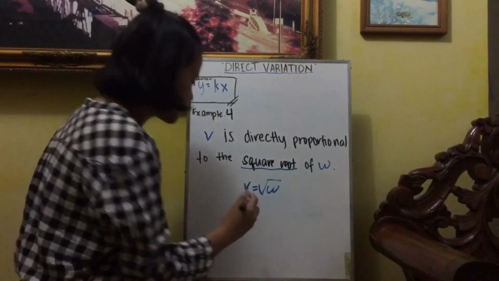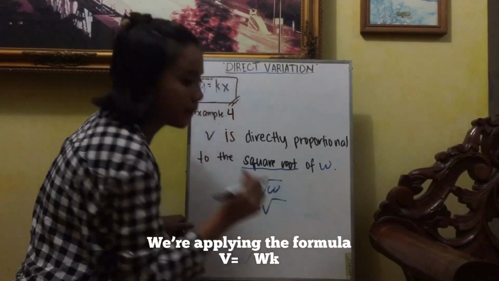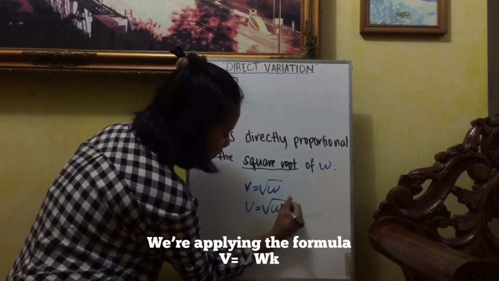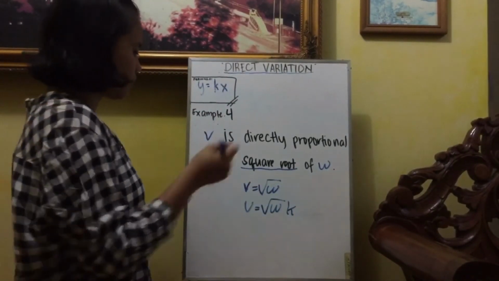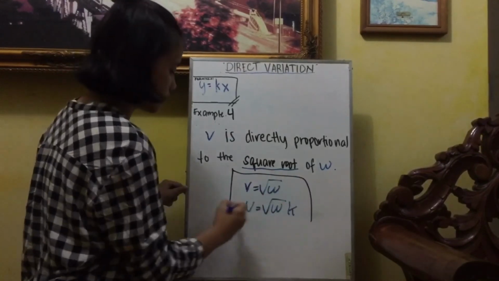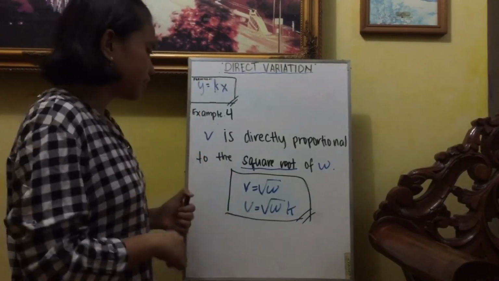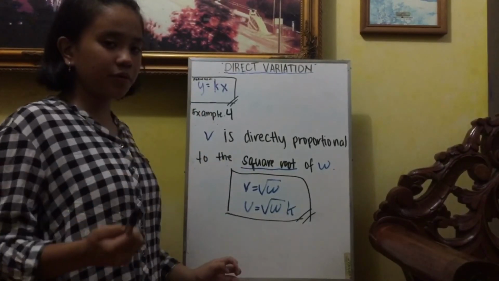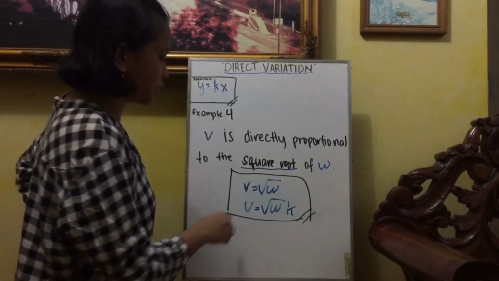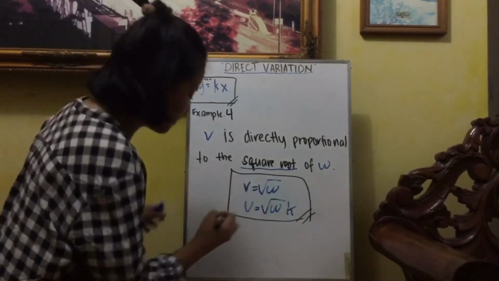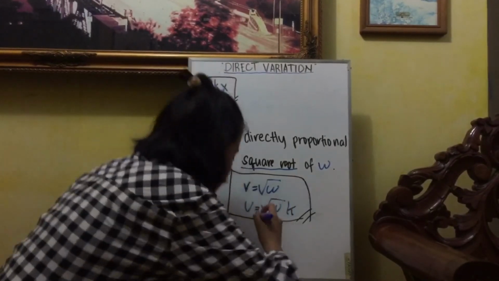And apply the formula: v is directly proportional to the square root of w, and then the k, which is the constant. So this will be your final answer. For a cube root, you put 3 here, but this is a square root, so you don't put 3. This symbol means the square root.